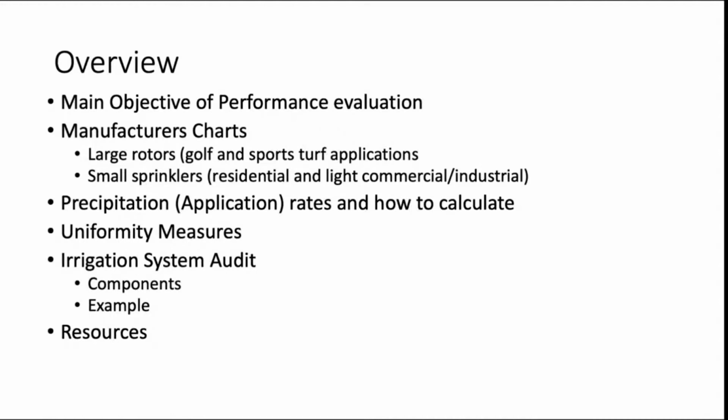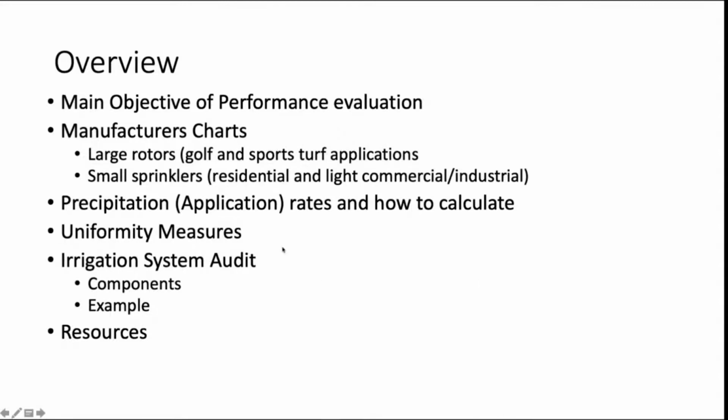One way to get to performance evaluation is simply by using manufacturers' charts. Rainbird, Toro, all the big players have manufacturers' charts that are specific to their sprinklers, whether they're rotors or whatever types, that tell you the performance given a pressure, how they will perform in terms of flow rate and distance of throw and those sorts of things.